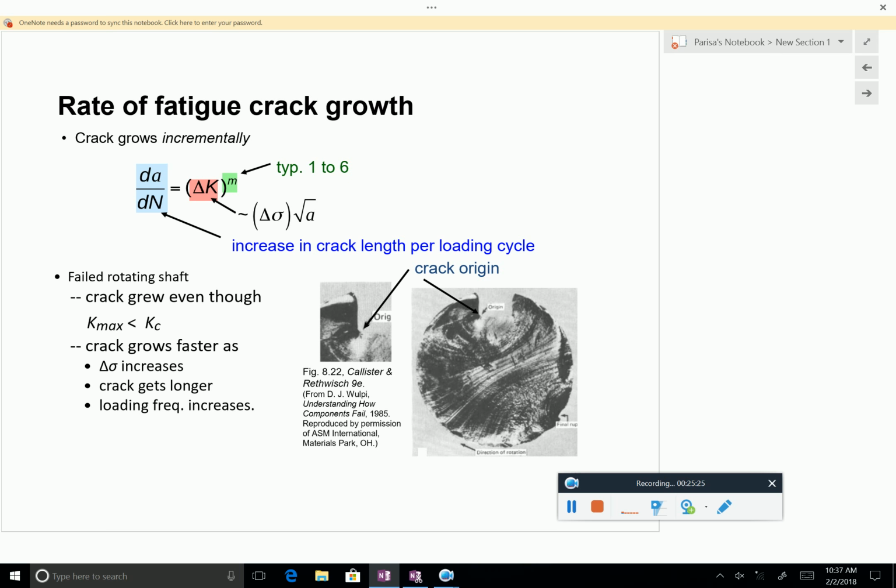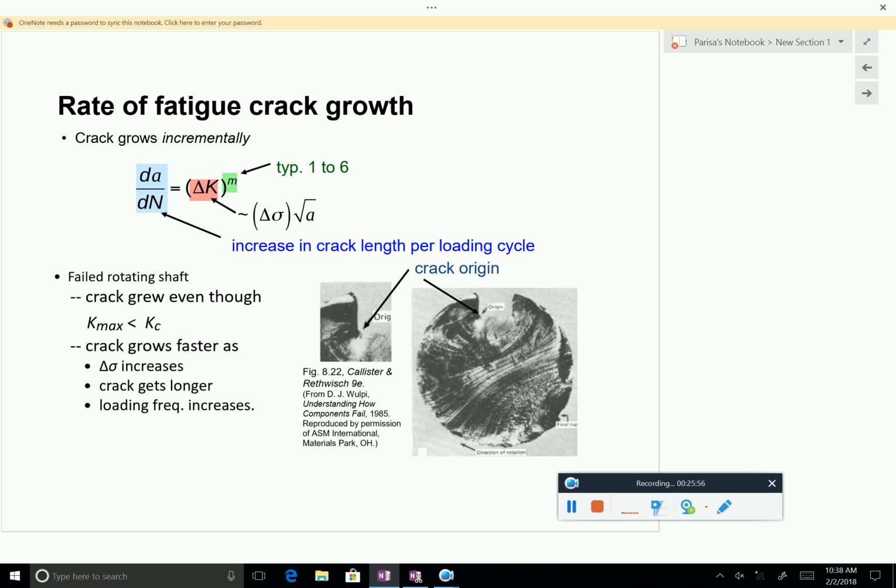What is important for me is that when you look at this equation, you see that higher stress means higher delta K, so you have faster crack growth. And as the crack gets longer, it also grows faster.